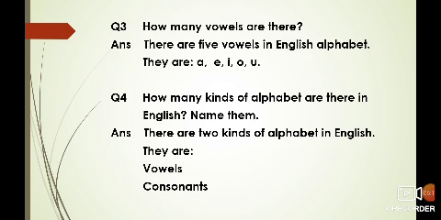They are A, E, I, O, U. Repeat once again. There are 5 vowels in English alphabet. They are A, E, I, O, U.